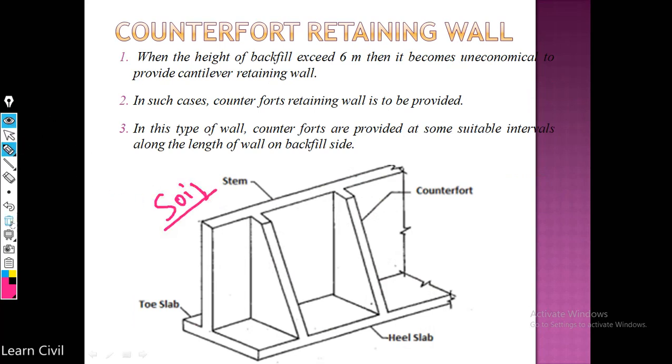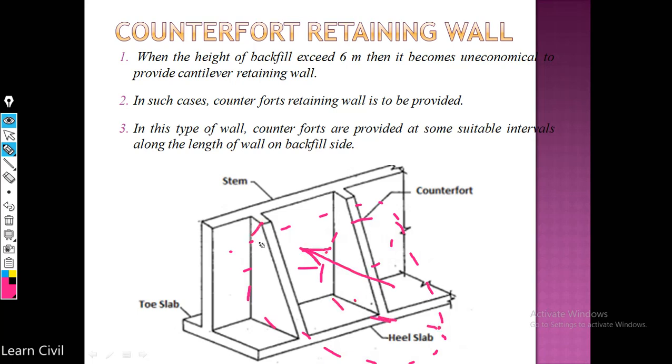That's not correct. The soil will be retained in this particular area, and the earth pressure will be in this direction, and the counterforts are provided here so that the stability of this retaining wall can be increased. This is called a counterfort retaining wall.